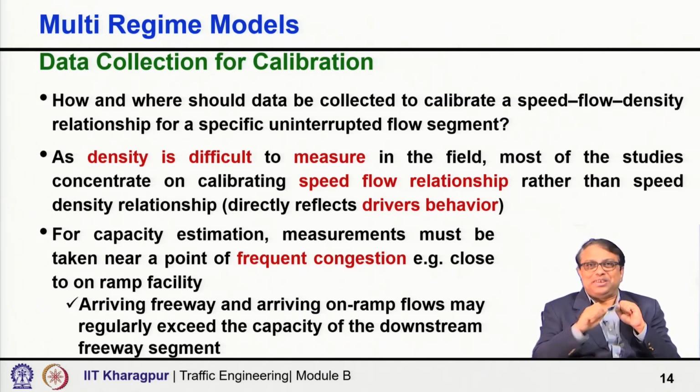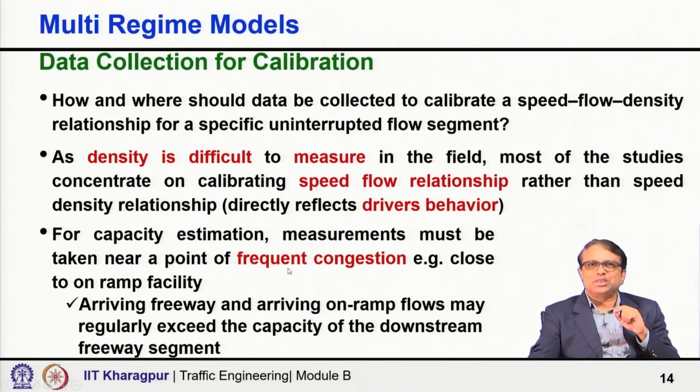That is very important, and that is the reflection of driver behavior. So the speed-density relationship is very meaningful, but because of the difficulties in direct measurement of density, most studies try to calibrate the speed-flow relation.